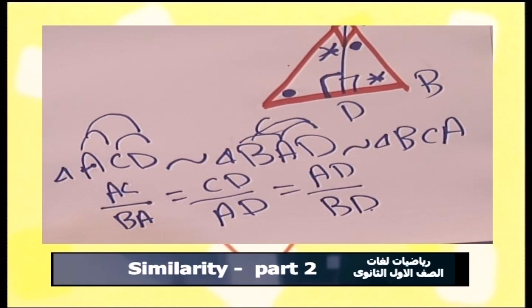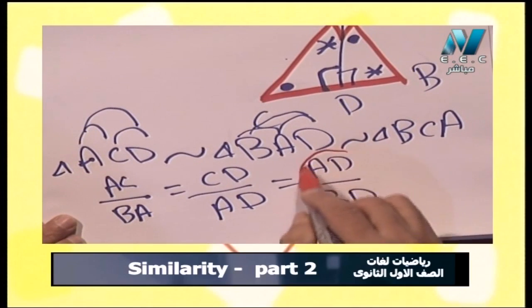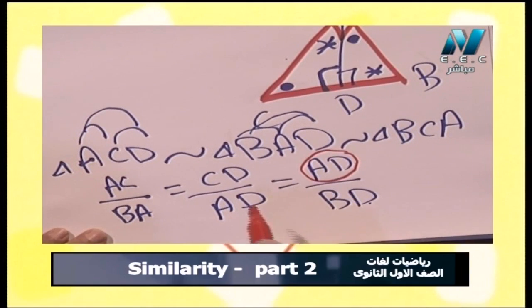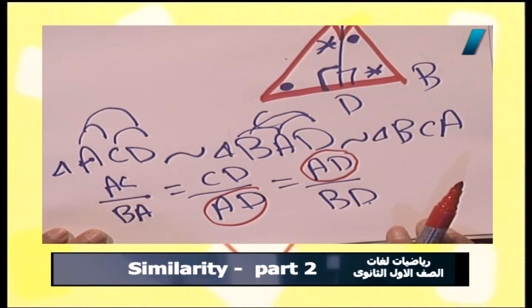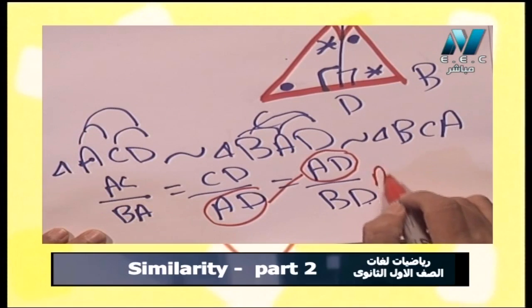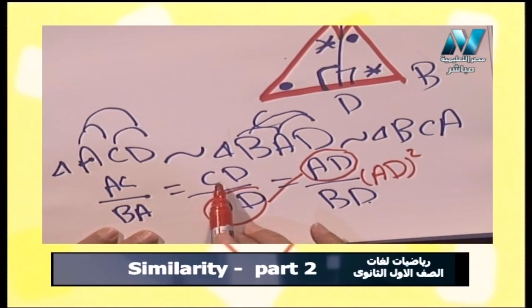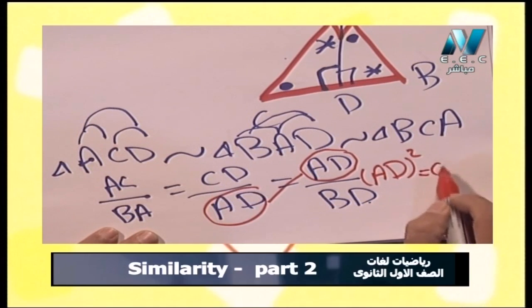Try to concentrate with me, concentrate now, and try to find what is AD here. It's repeated here. So we have 2 AD. When we multiply AD by AD, it will be AD power 2 equal what? Equal CD multiplied by BD.